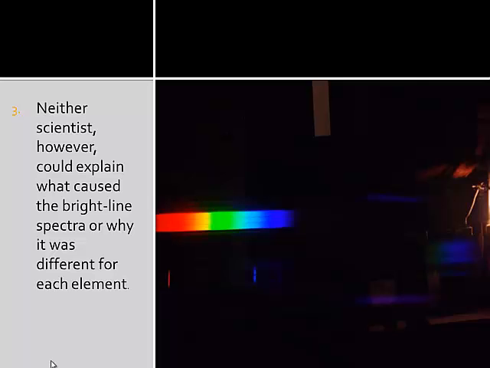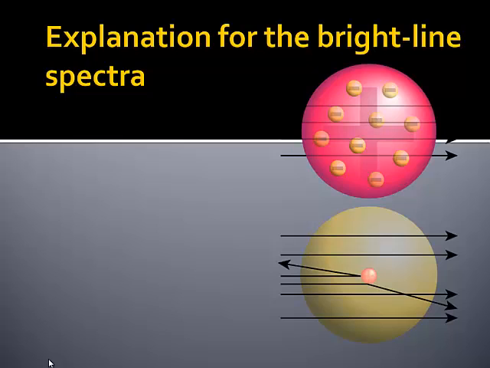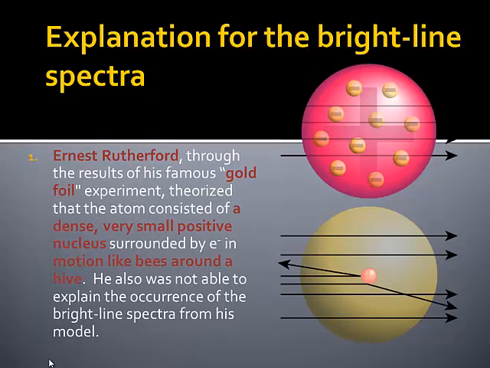So the first step in terms of explaining the bright line spectrum came from Ernest Rutherford, who did this very famous experiment which was based around shooting alpha particles, which are positively charged radioactive particles, at a sheet of gold foil.